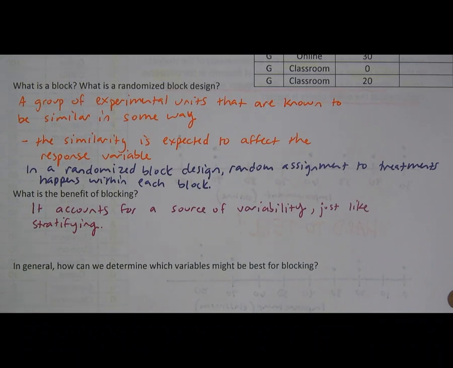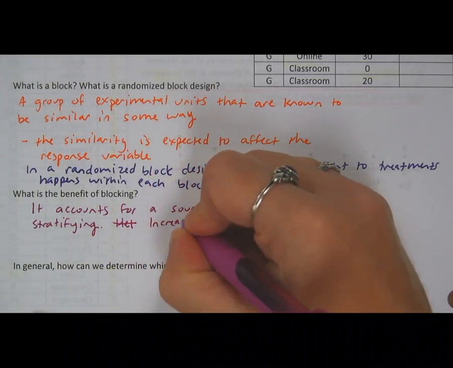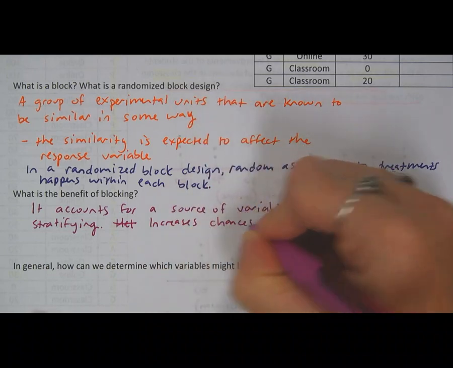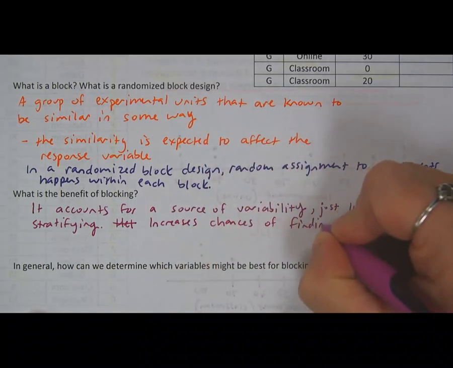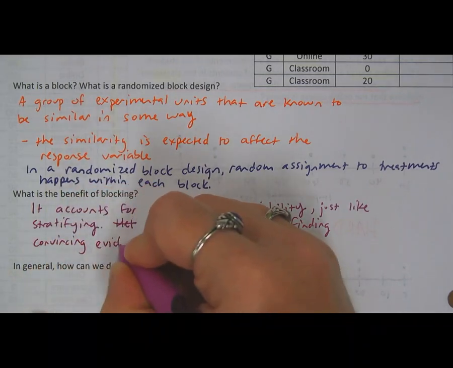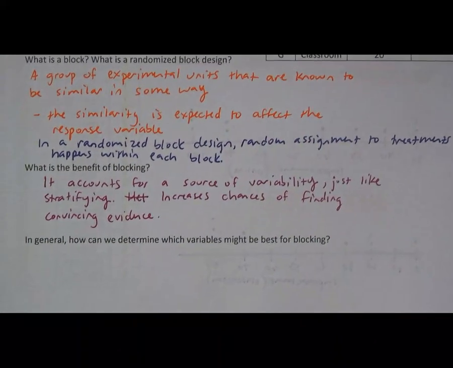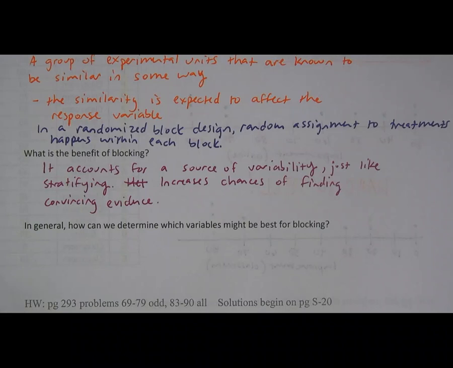Blocking is a good way to increase your chances of finding convincing evidence. And that phrase of finding convincing evidence, you're going to write that phrase so many times in the screen, and you can do it in your sleep. It's a very important concept when you get to a screen and you talk about different ways that we can prove a hypothesis.